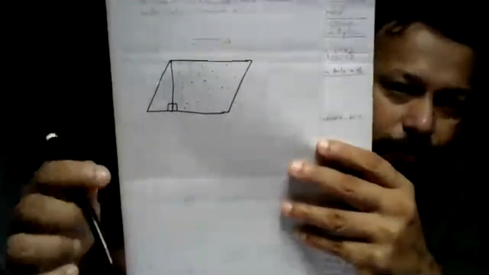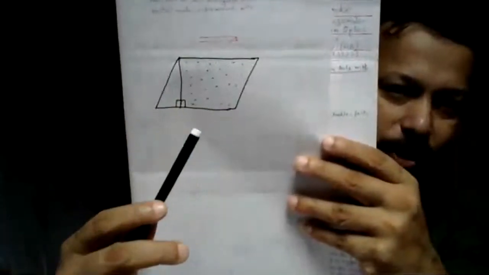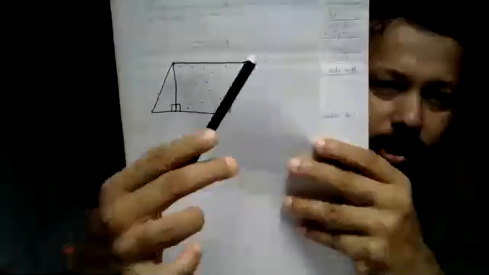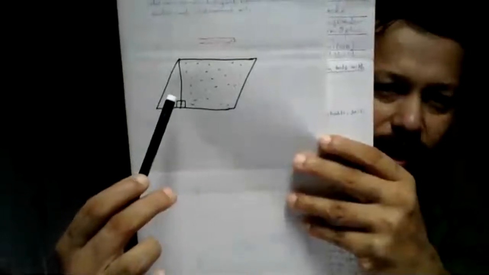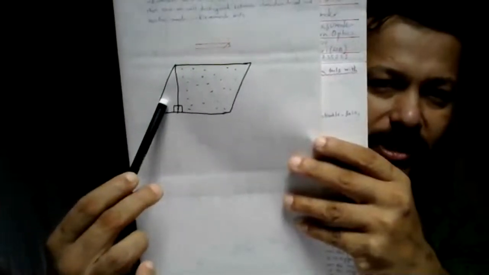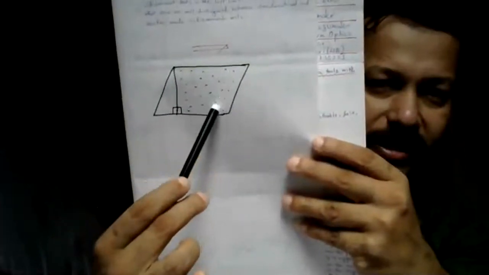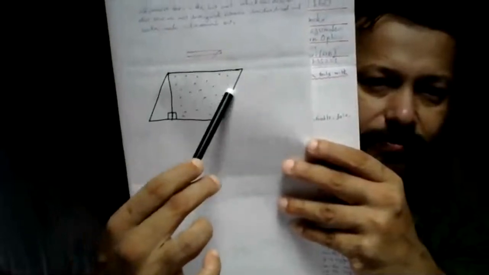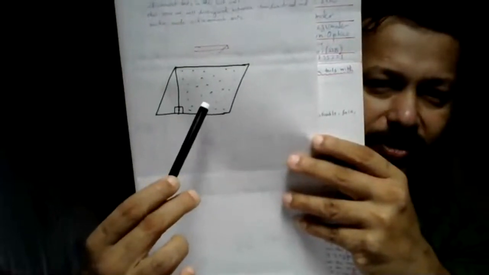This is the shaded region I want to show you. This is the parallelogram. Try to understand, all of you. From this parallelogram, if I minus this triangle which is not shaded, I will get this area of shaded region.